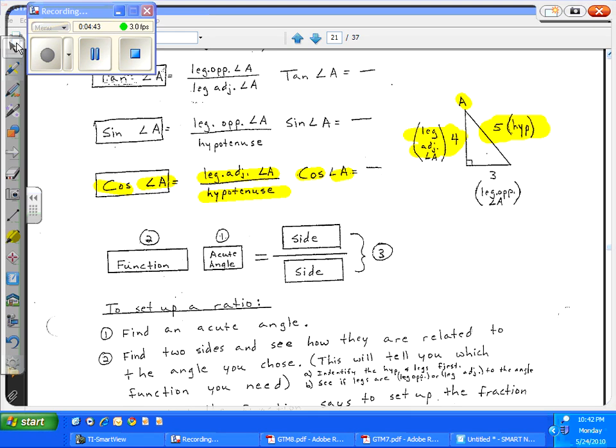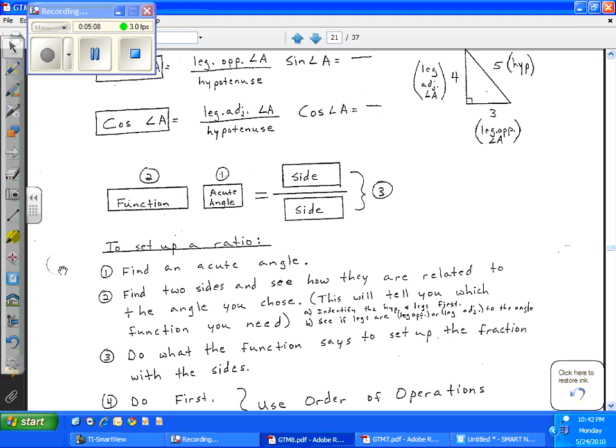So cosine A is 4/5. So we have a function of an angle is equal to a side over side. A function of an acute angle is equal to a side over a side. See how those are set up? Function of angle equals side over side.